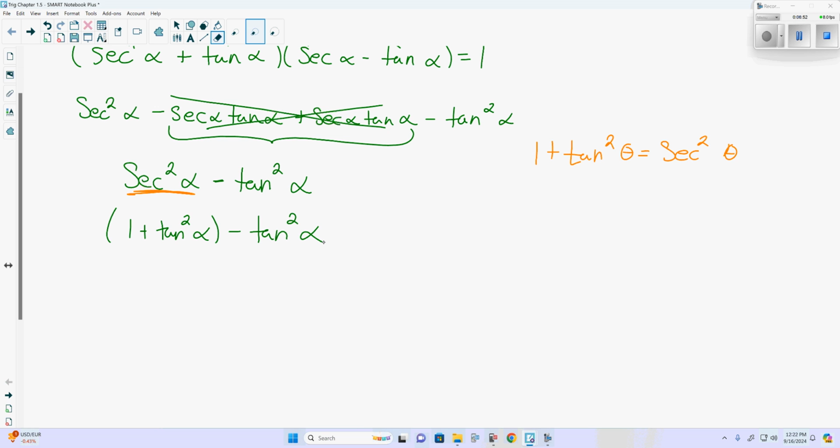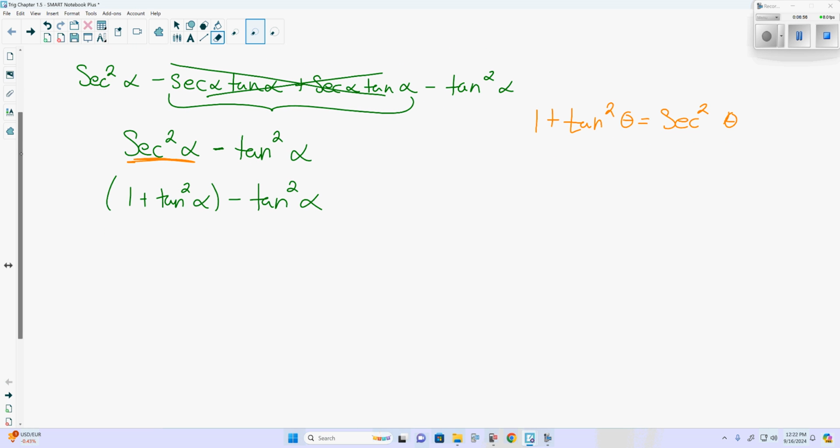Because secant squared is equal to 1 plus tangent squared. So I can replace the secant with 1 plus tangent squared. So we have 1 plus tangent squared of alpha minus tangent squared of alpha. Well, tangent squared minus tangent squared is 0, leaving us with 1.